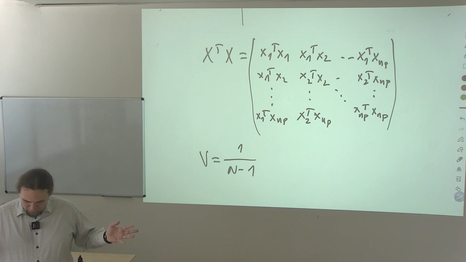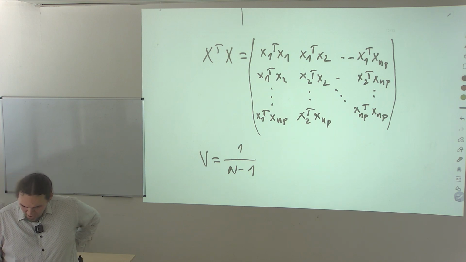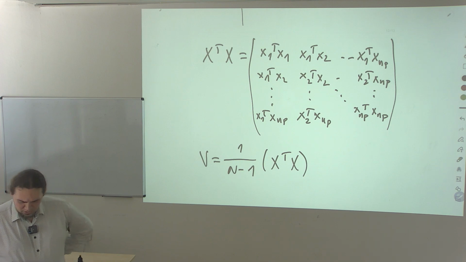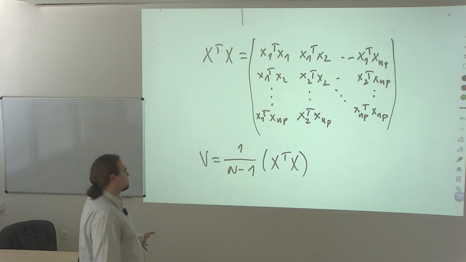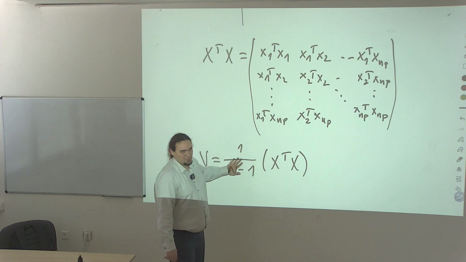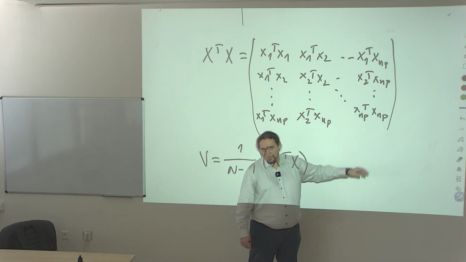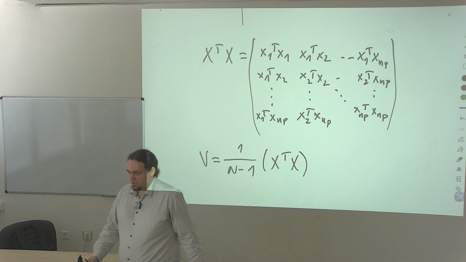If we don't have a lot of experiments, the question is, what is a lot of experiments? Then we divide it by n minus 1, the number of experiments minus 1. Well, this is an easy operation. This is just a scalar, so this scalar will just basically appear in all these terms.